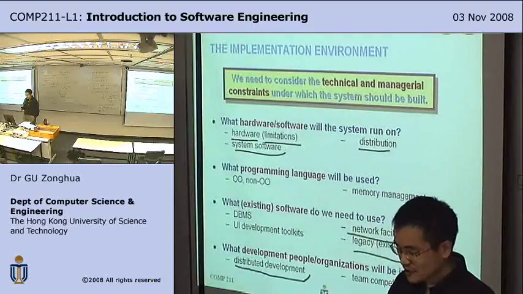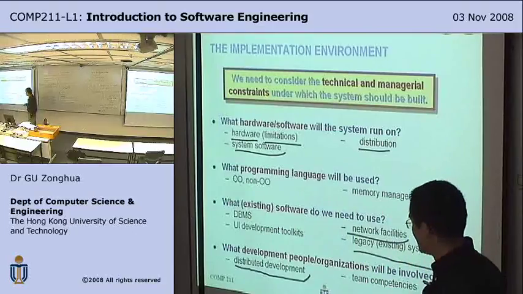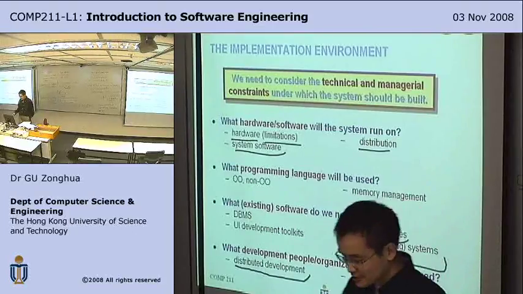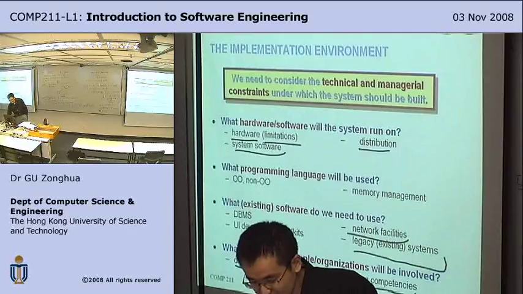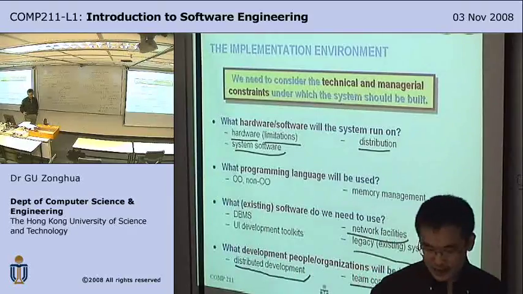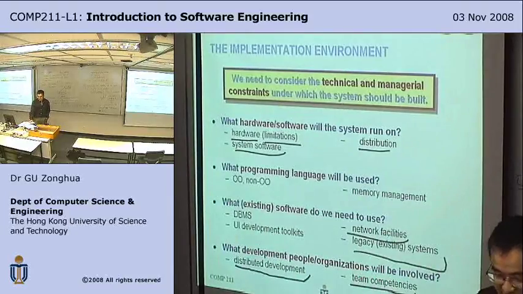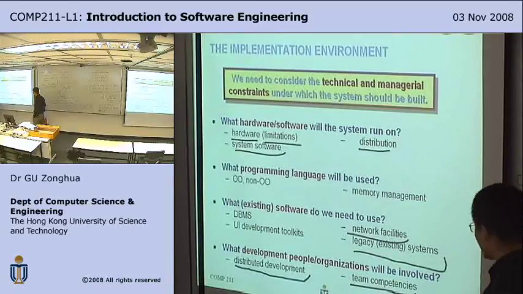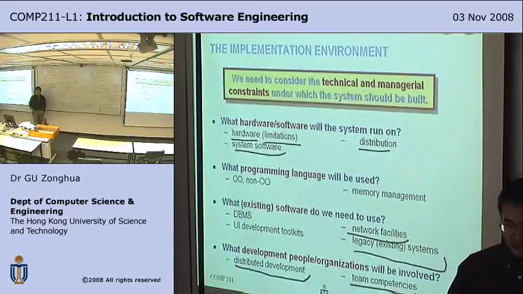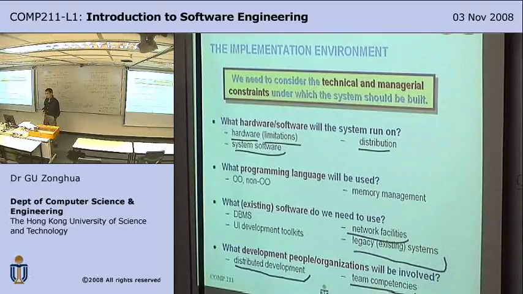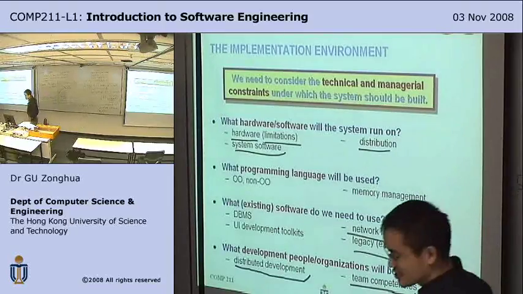You need clearly defined interfaces between the different modules assigned to different teams. And team competencies: you need to consider what skill sets the developers have. If none of the developers know Java and you decide to adopt Java, then perhaps it's a risky decision.